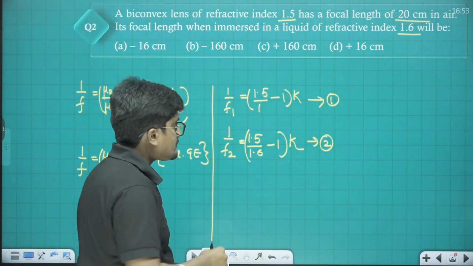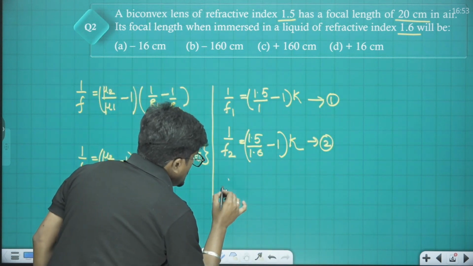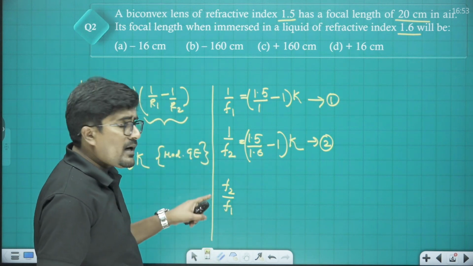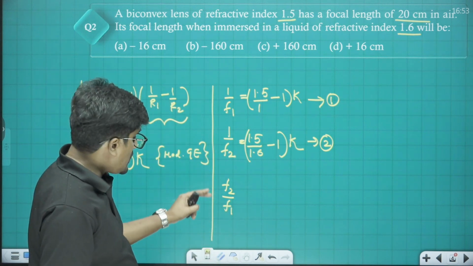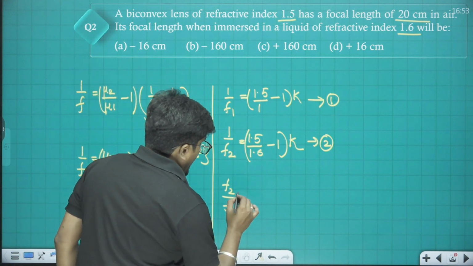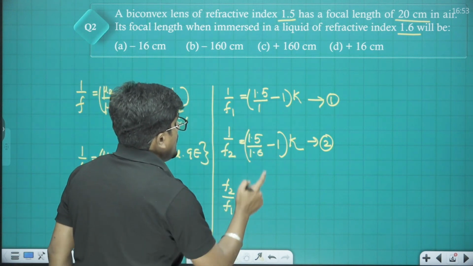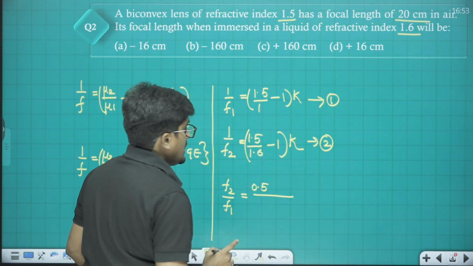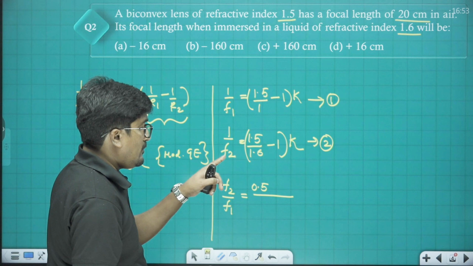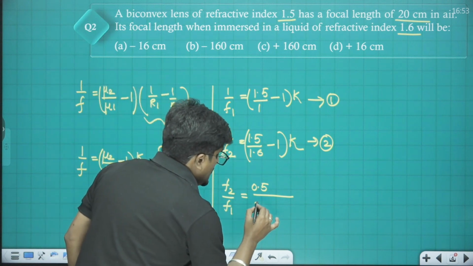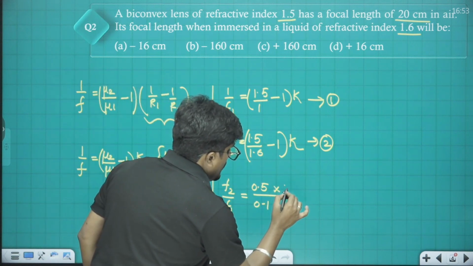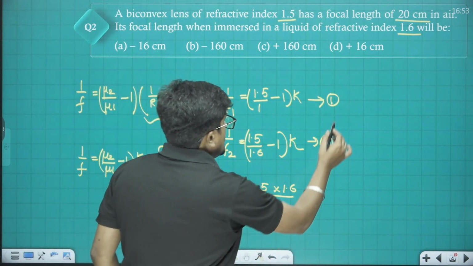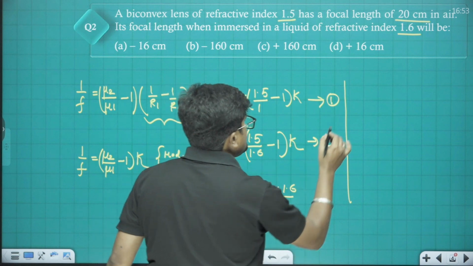Now let me divide these, I am dividing equation number 1 by equation number 2. So here this is f2 upon f1, that is going to be 0.5 all divided by (1.5 minus 1.6), that is 0.1, into 1.6, isn't it?